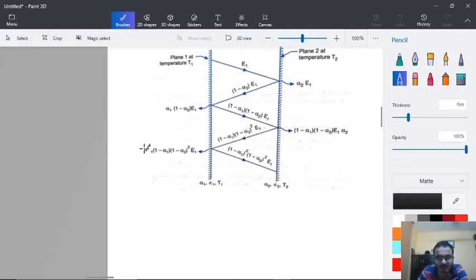Here it will be alpha 1. So let's begin.